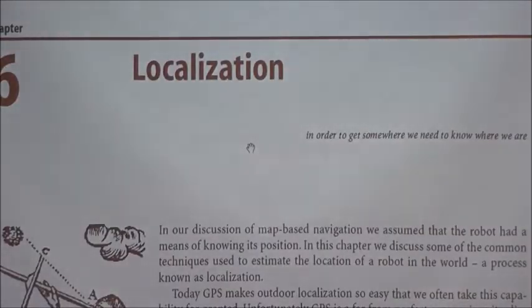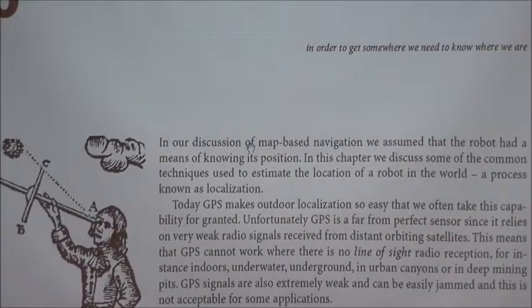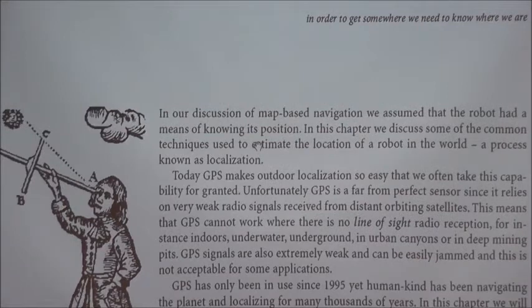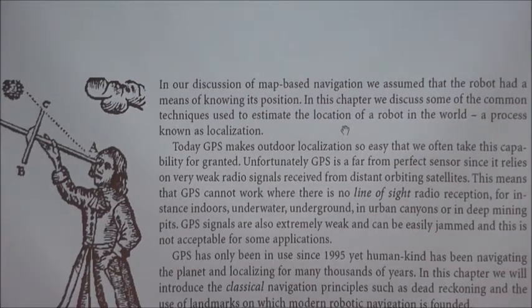Okay. So, localization. In this chapter, we discuss some of the common techniques used to estimate the location of the robot in the real world, a process we call localization.